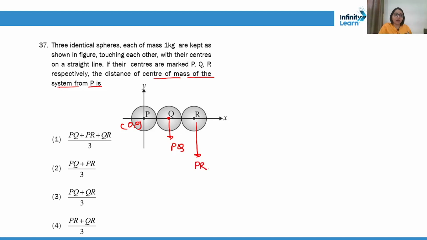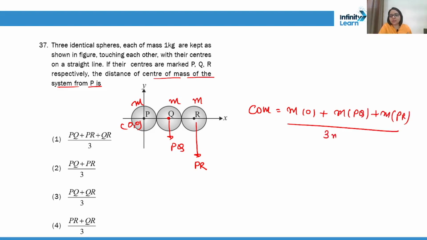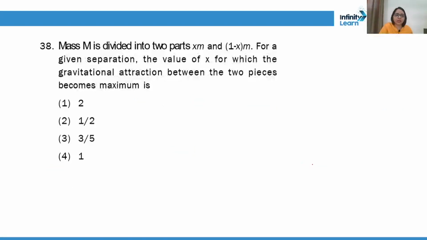Identical means the masses are equal. So the center of mass will be (m1x1, which is m into 0, plus m2x2 plus m3x3) divided by (m1 + m2 + m3). You can take m common, so it will be (PQ + PR) divided by 3, which is option 2.